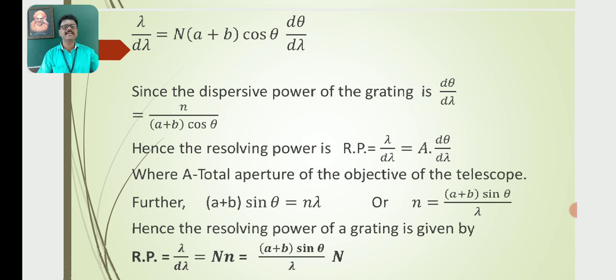Since the dispersive power of the grating is dθ/dλ, which is equal to n/((A+B)cosθ), as we discussed in the previous class on dispersive power, the term n/((A+B)cosθ) can be replaced by dθ/dλ. Then λ/dλ is equal to N(A+B)cosθ into dθ/dλ.